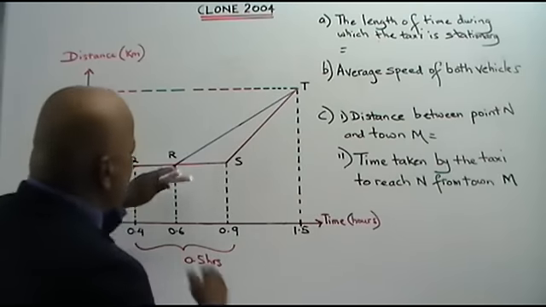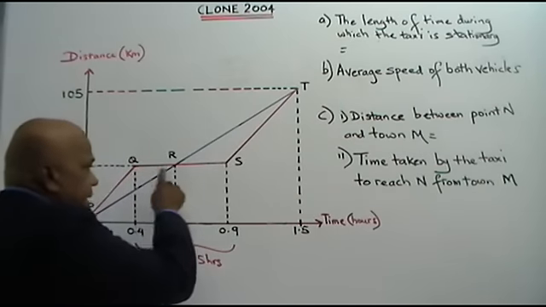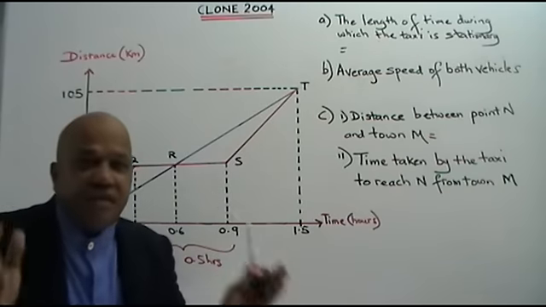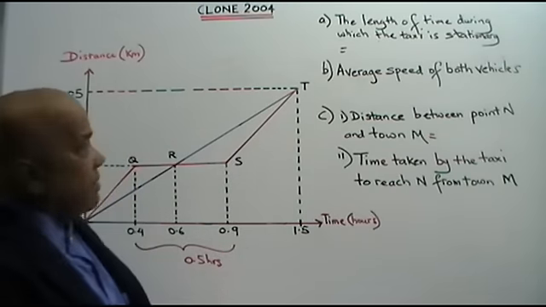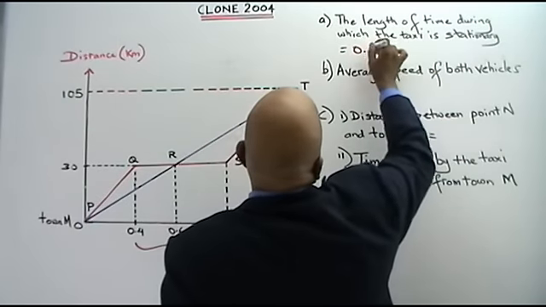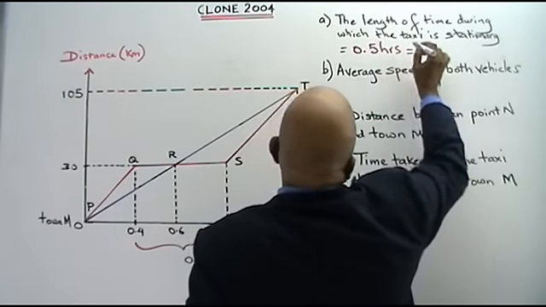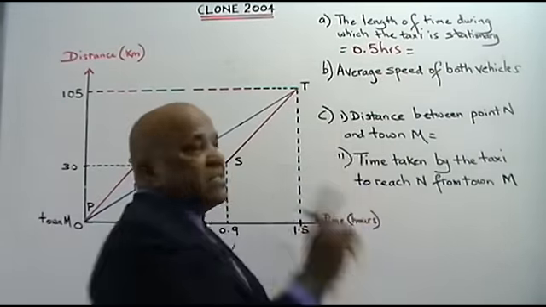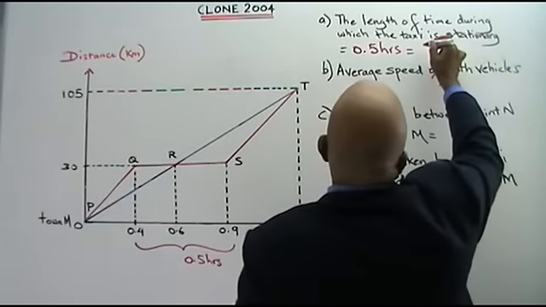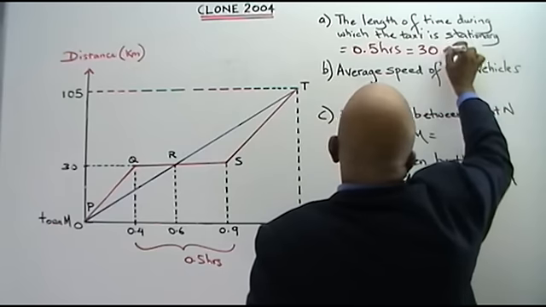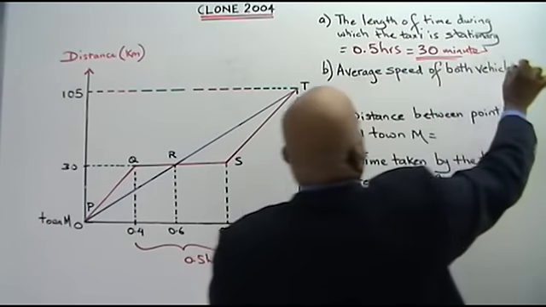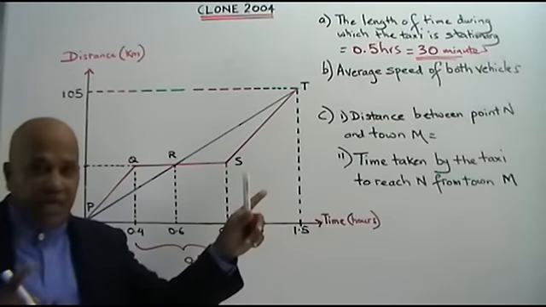So, stationary means the time is moving, but the distance is not changing. That is the meaning of stationary. Okay. Now, so the answer is 0.5 hours. That is equal to 0.5 times 60. If you convert hours to minutes, you get 30 minutes. That is your answer for part A.